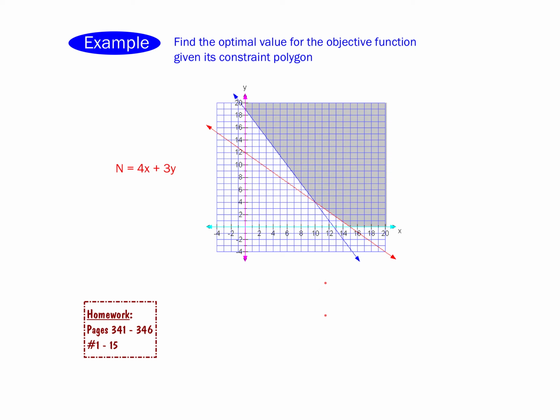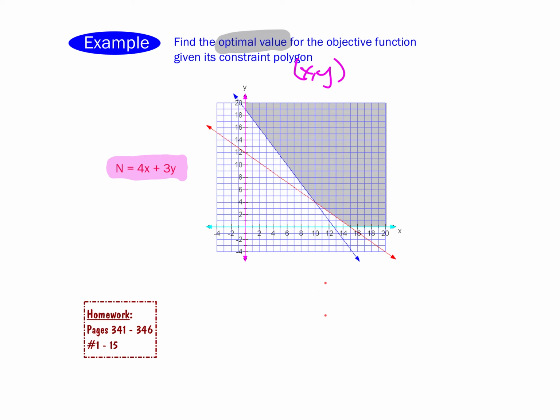What does optimal mean? Optimal value means which XY pair will give us the smallest value for this. It's basically which pair is going to make this the smallest or the biggest, because sometimes we're trying to make this the smallest, and sometimes the biggest.